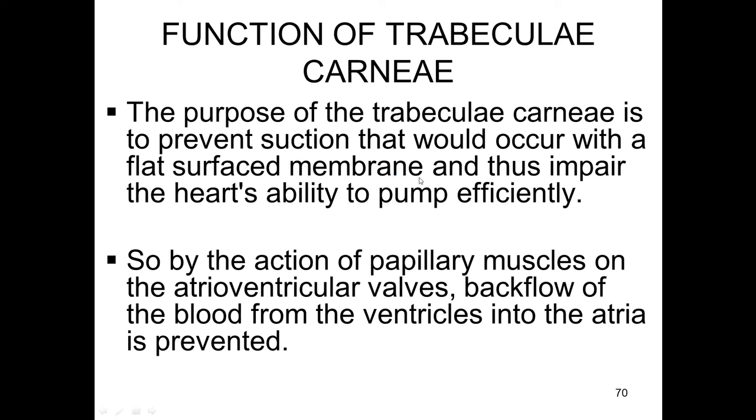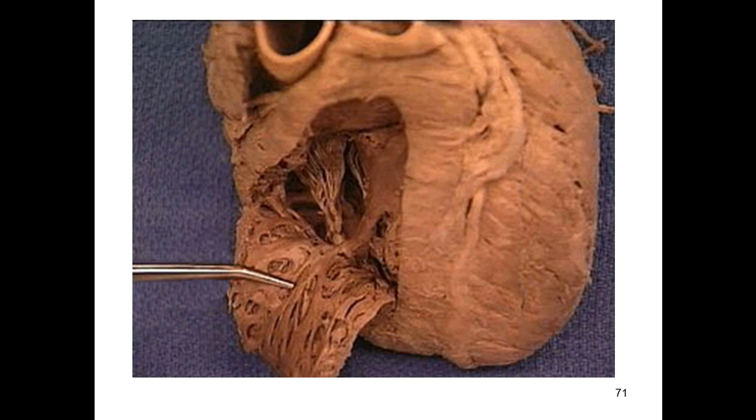If the surface is smooth, it would impair the heart's ability to pump efficiently. So these irregularities, the different types of trabeculae carneae, prevent the backflow of blood from the ventricles into the atria. You can have a look at the trabeculae carneae which are present in the right ventricle. Different types are there.